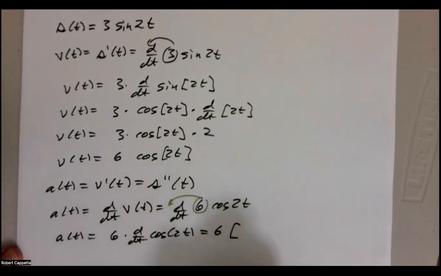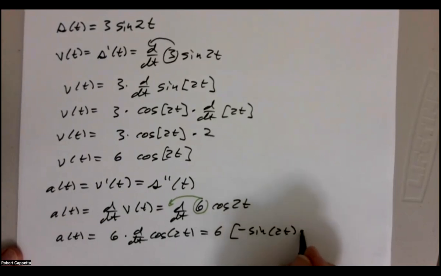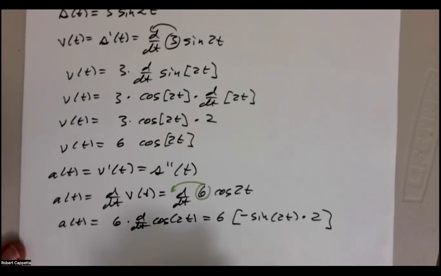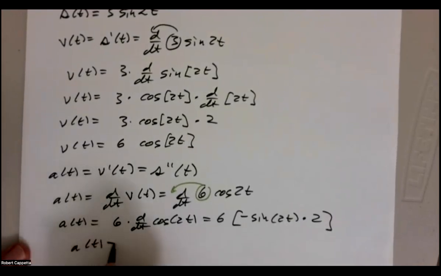The derivative of the cos of something is minus the sine of something times the derivative of the something. The derivative of 2t is just 2. So we get acceleration is 6 times 2 times -1, -12 sine 2t.